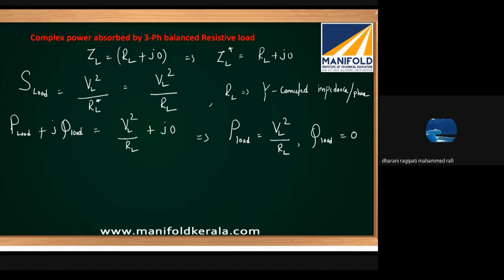So when your impedance is purely resistive, it only absorbs real power. First important point. Second important point is the real power absorbed by the load does not contain any omega term or frequency term. So the real power absorbed by the load is independent of frequency.